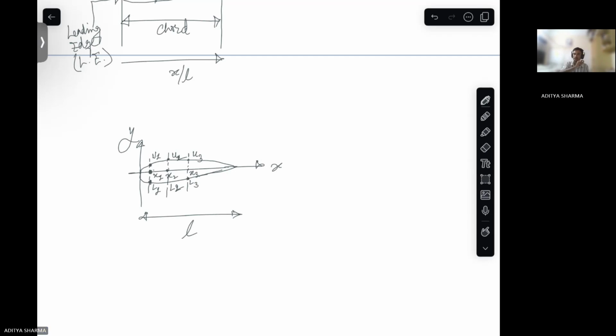But if the airfoil is not symmetric, for example, let's say this is the shape of the airfoil. In that case, at this x point, U is this and L is this, so the dotted point will be somewhere here.